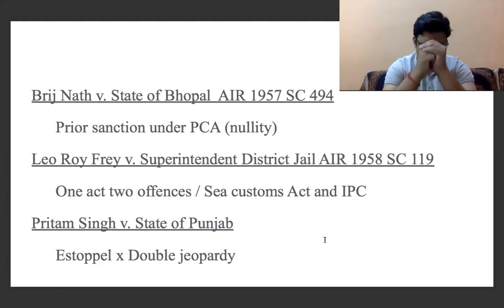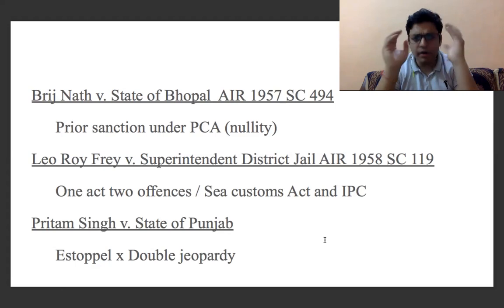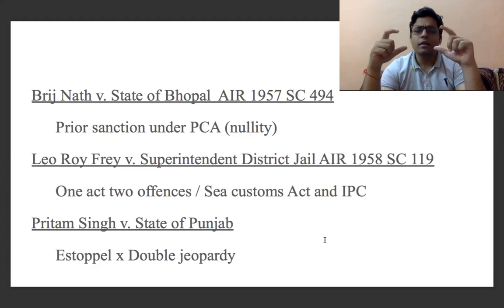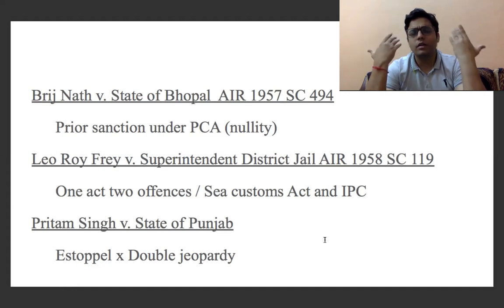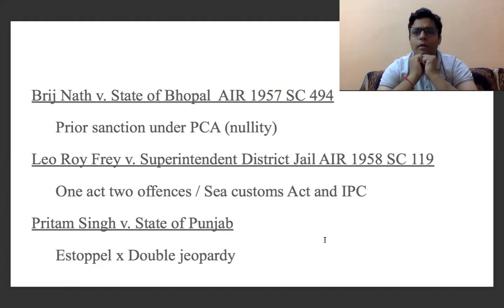Just for example, that a particular person A commits a particular offense, say that he brings gold into India without permission. So first he has committed an offense under the Customs Act.